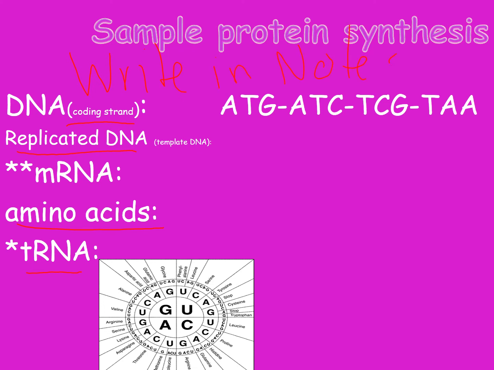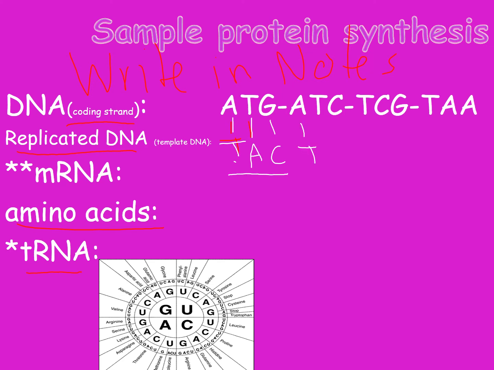All right. So ATG. Well, let's make replicated DNA. A goes to T. Let me just choose a different color for you. A goes to T, T goes to A, G goes to C, right? That's our first one.